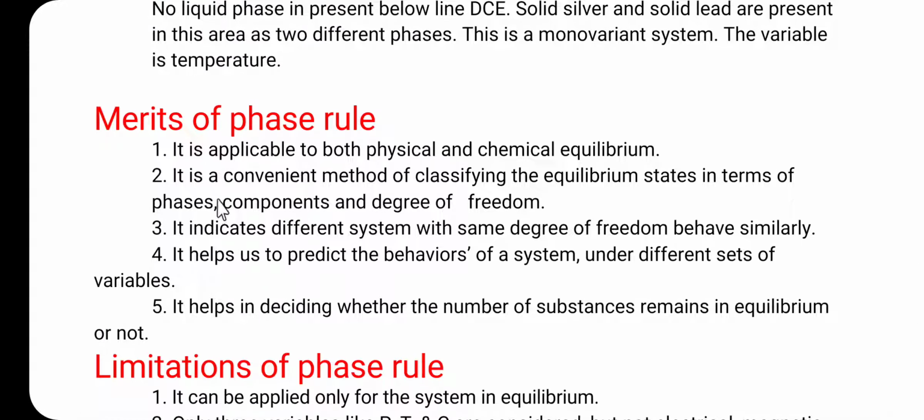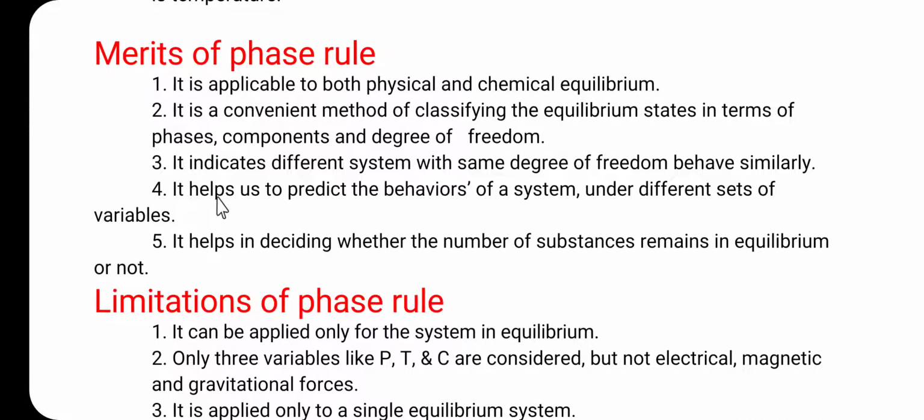Then let us consider the merits of the phase rule. What are the advantages of the phase rule? It is applicable to both physical and chemical equilibrium. This is the first merit. The second one is that it is a convenient method of classifying equilibrium states in terms of phases, components and degrees of freedom.